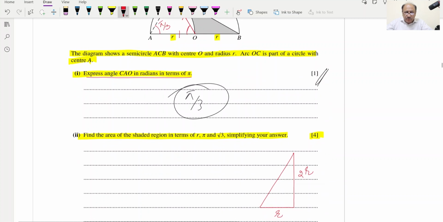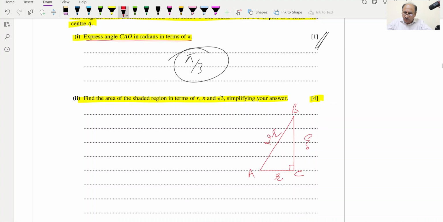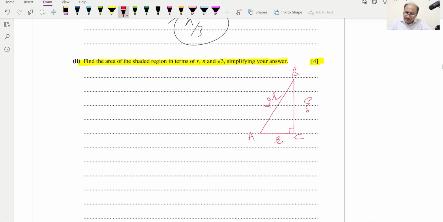If we write the labels, this is A, this is B, and this one is C, which is a right angle. So we can apply the Pythagoras theorem and find this side.